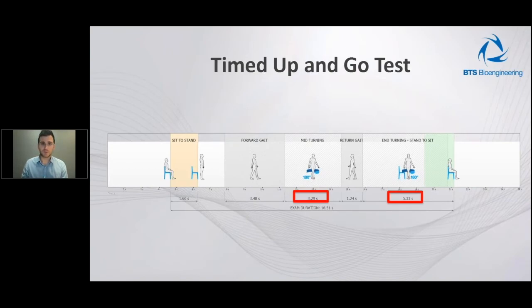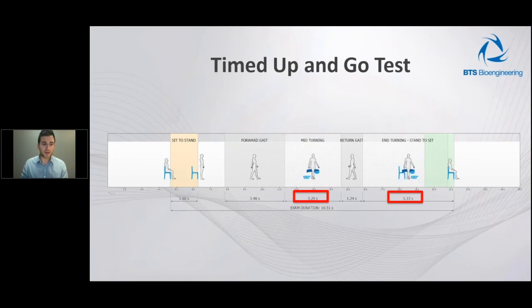So, for this patient, the most difficult tasks are the two turnings, the mid turning and the end turning. Also in this case, the sit to stand and stand to sit have a quite reduced time.